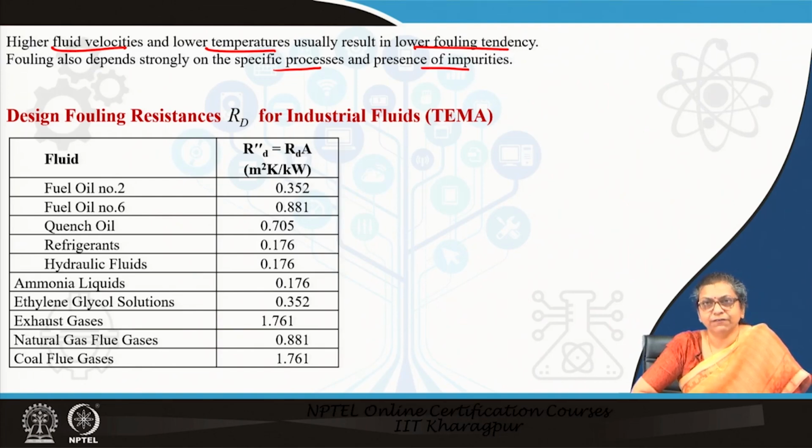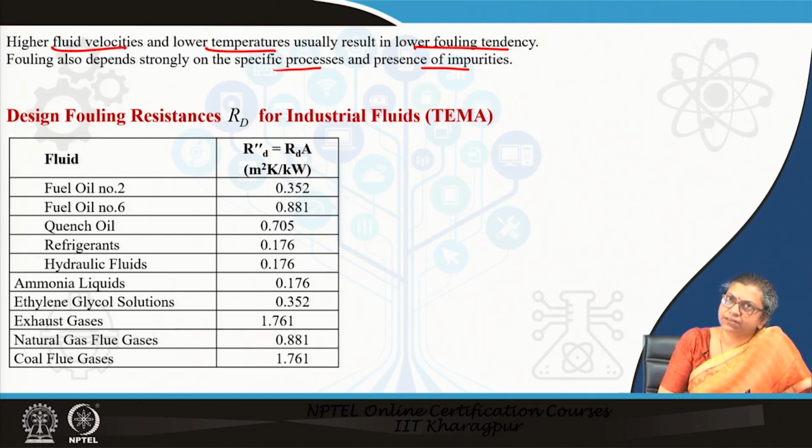So, the fouling factor is sort of a safety factor, taken just to guarantee a longer life of the heat exchanger without cleaning, and it is taken at the cost of increased capital cost, expecting that the operating costs are going to be less.